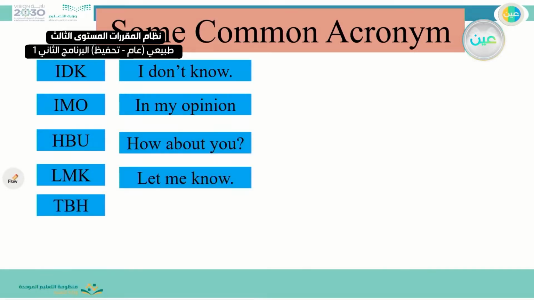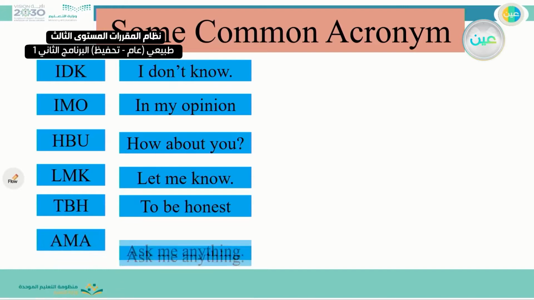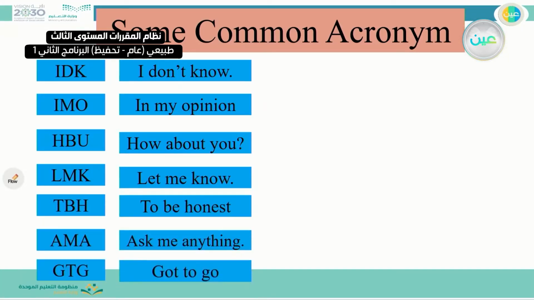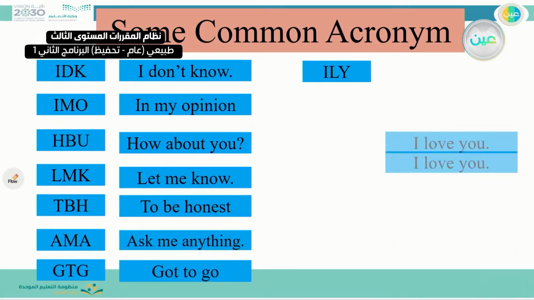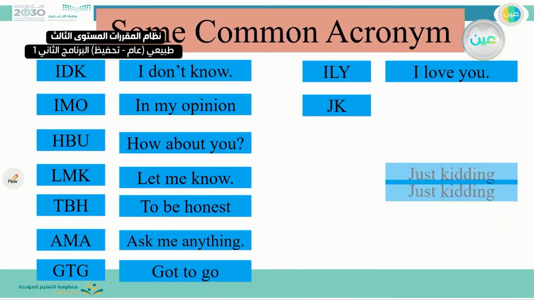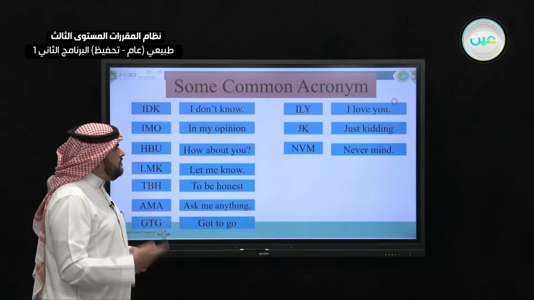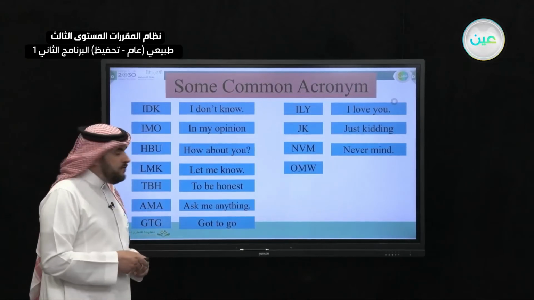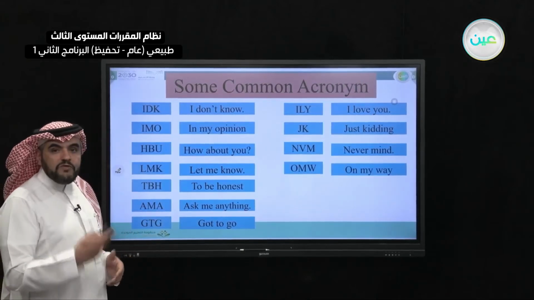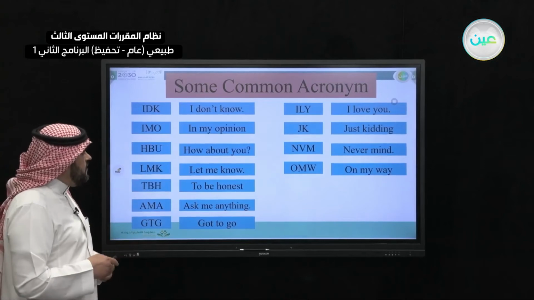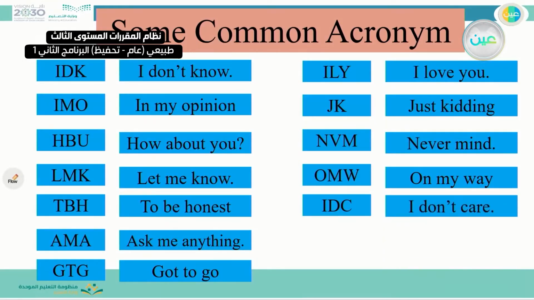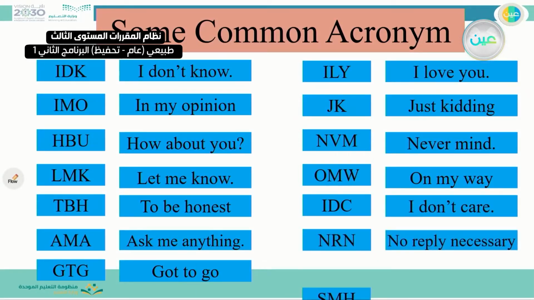You can check which one you like and which one you want to learn and be able to use in your typing or in your texting. Okay, JK, just kidding. NVM, never mind. OMW, on my way. If you want to say on my way, you just type these 3 letters. IDC, I don't care. Okay, and so on.